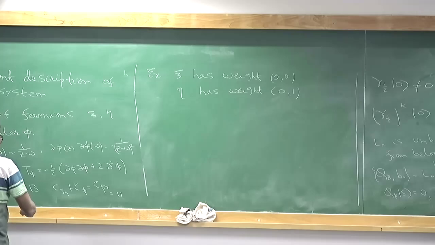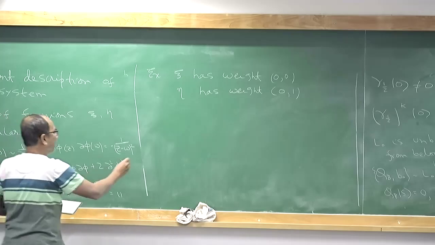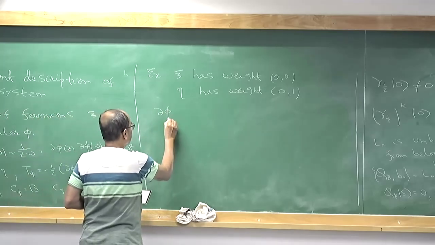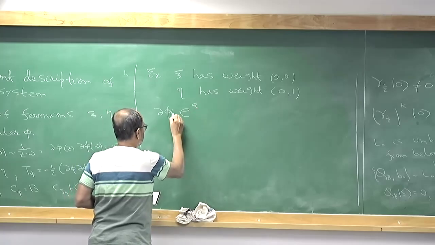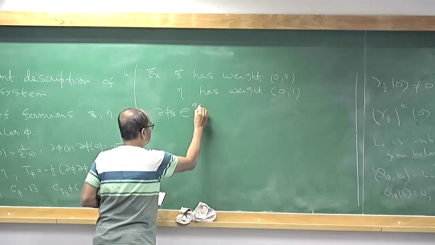Okay, so from this one, it follows that del phi of z with e to the qw, del phi of z with e to the q phi of w.